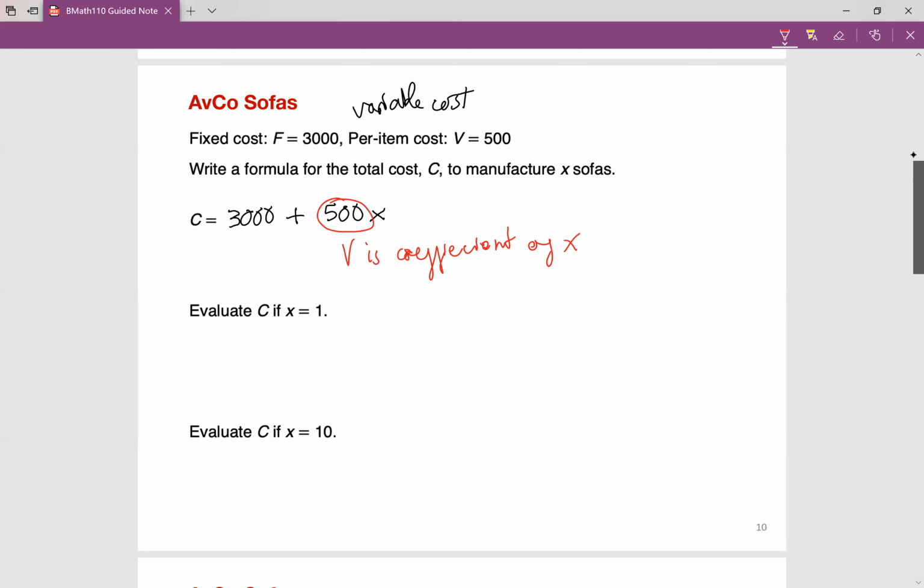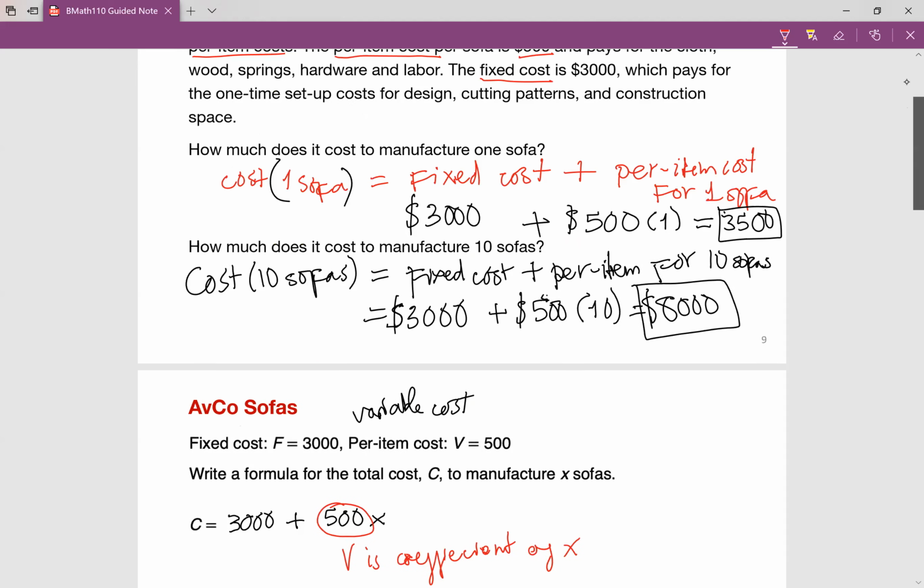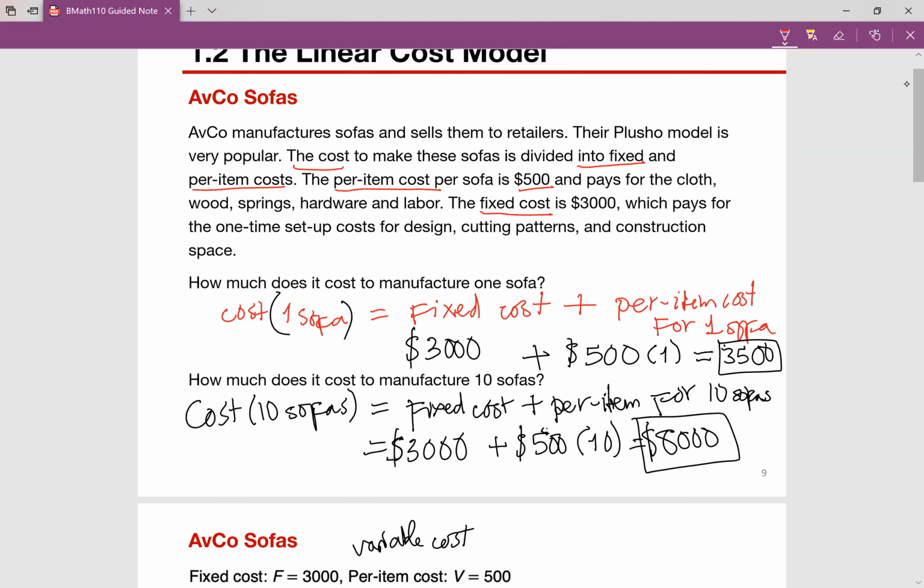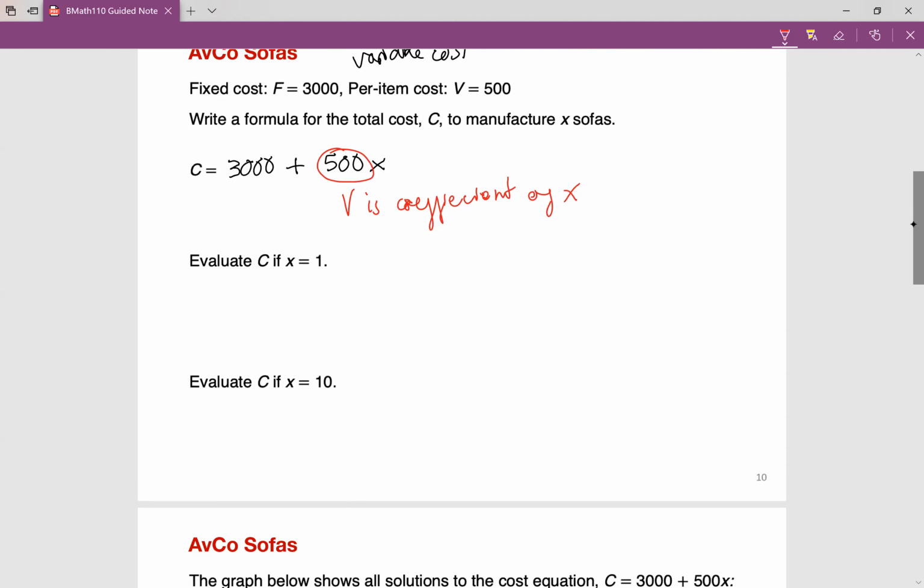Let me see. So in here, do I have the demand? No. Okay, so I will talk about that later, but for now, let's say this is going to be the answer for this problem.